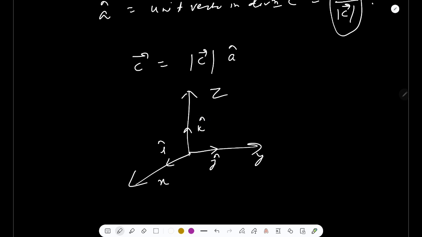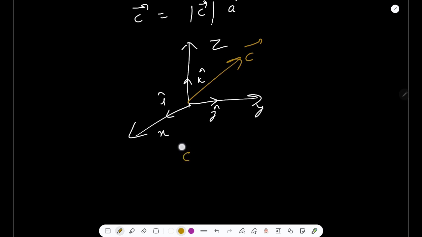And any vector c in 3D space can now be written as the x component of c multiplied by unit vector i, plus the y component of vector c multiplied by unit vector j, and czk in a similar manner.